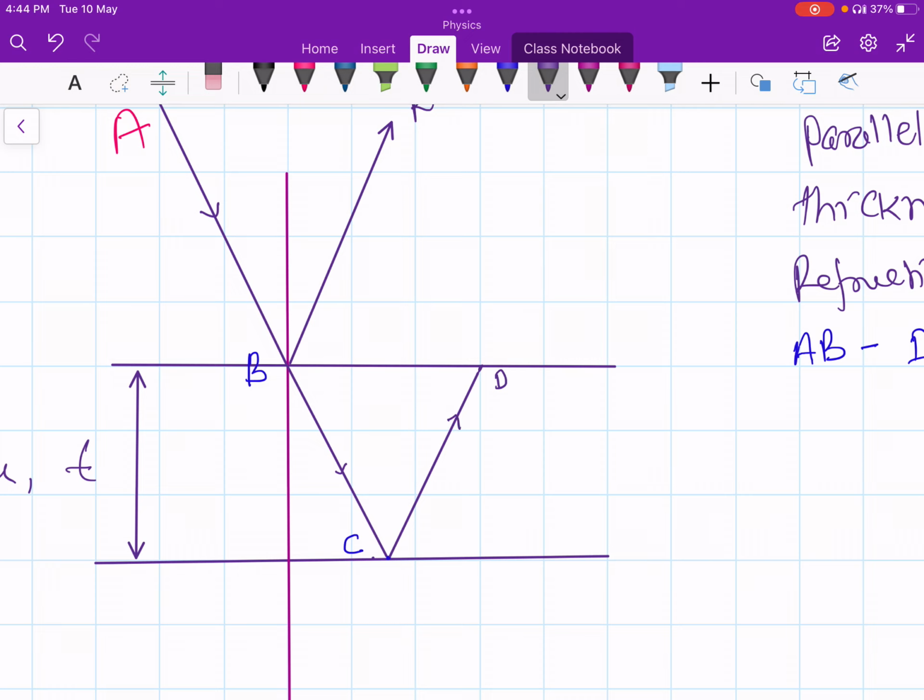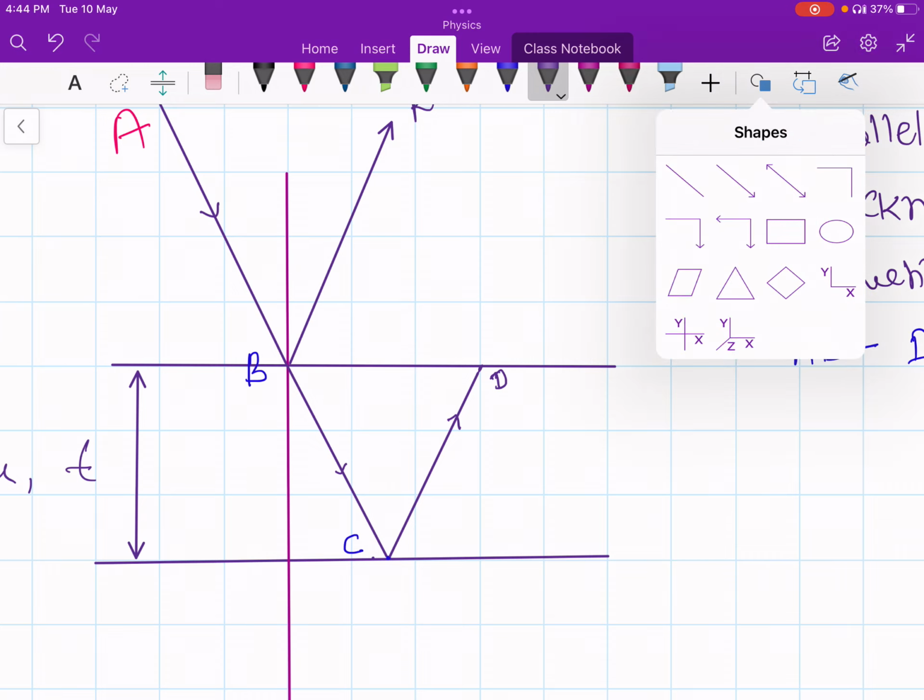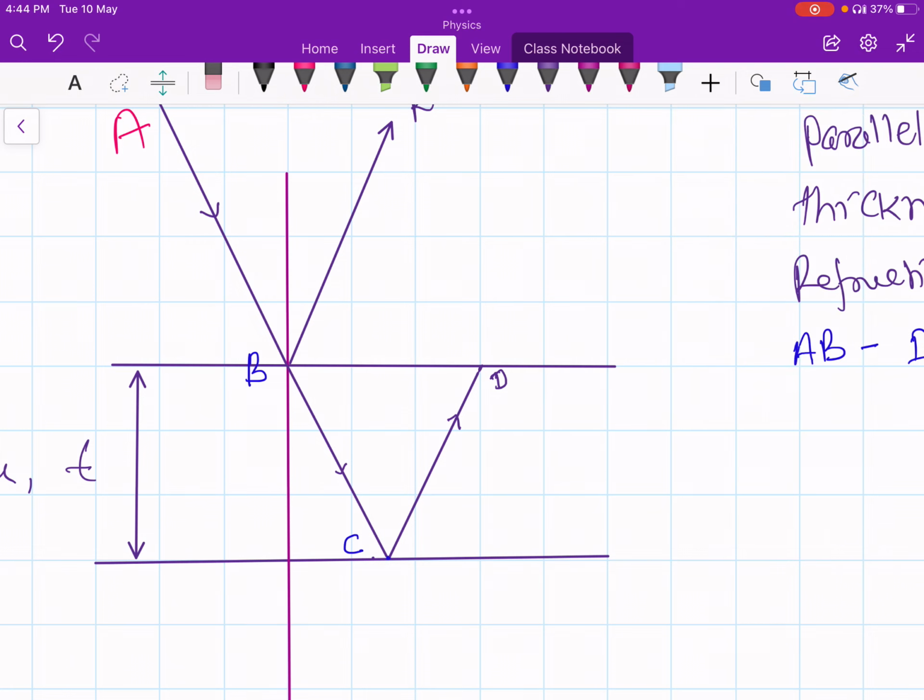Then again at point D, it is partially transmitted and partially reflected. I am showing only the partially transmitted ray, along the direction DR1.